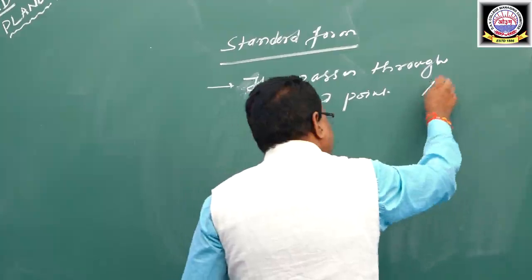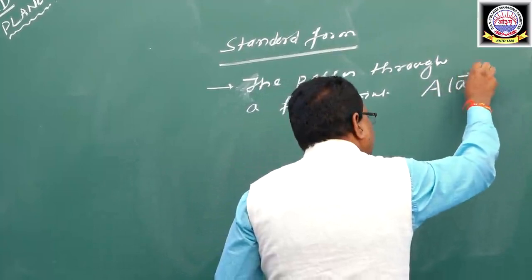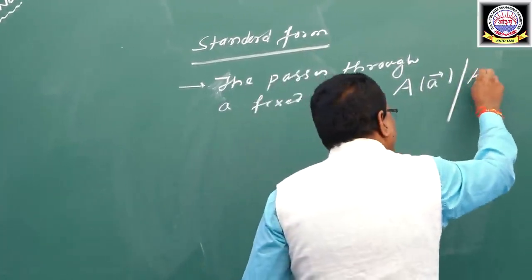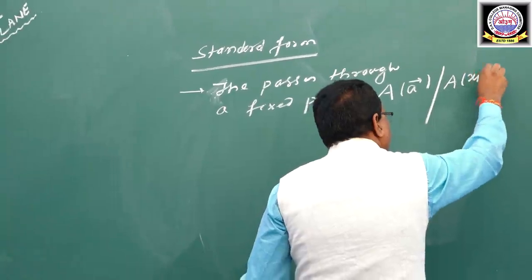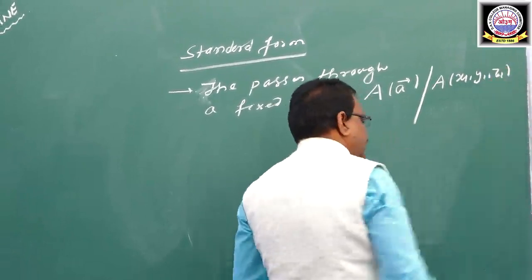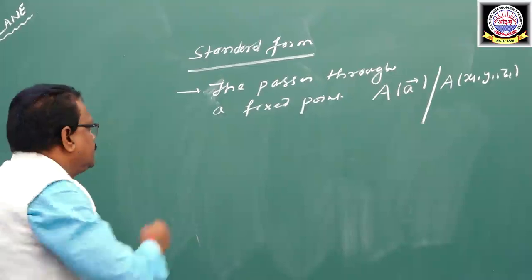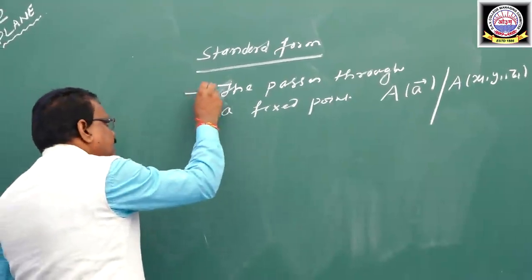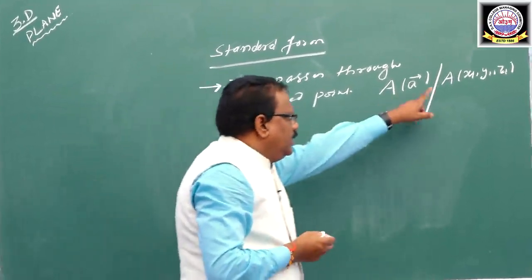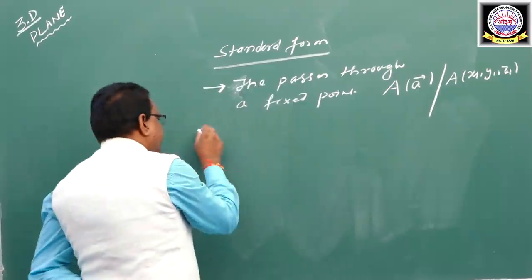Let the point be A with the position vector a vector, or A is a point with the coordinates x1, y1, z1. Correct? The plane passes through the fixed point, that is capital A with the position vector small a, or x1, y1, z1.